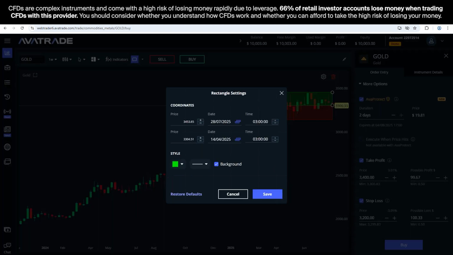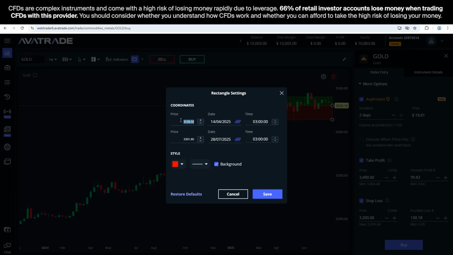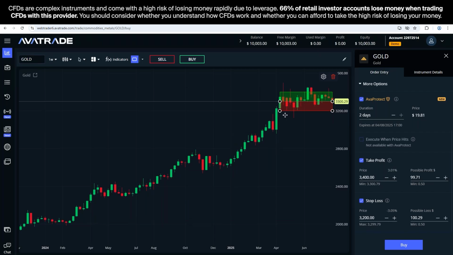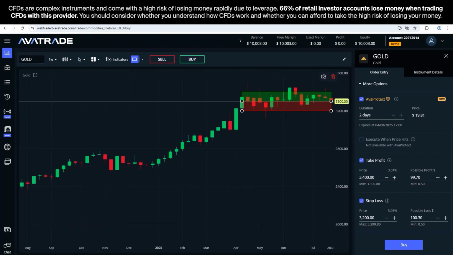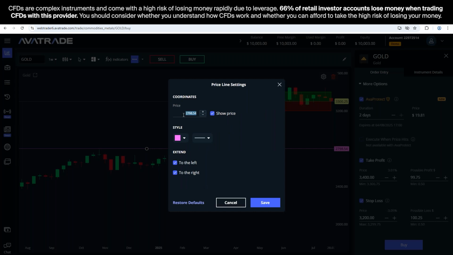As we can see here, for the profit rectangle the take profit will be the top and the current price will be the bottom. In the loss rectangle, the top is going to be the current price, and the bottom will be what we aim for. Now we've got two beautiful rectangles to mark the area, and we can see that if it goes to 3,400, let me also place a price line on that.